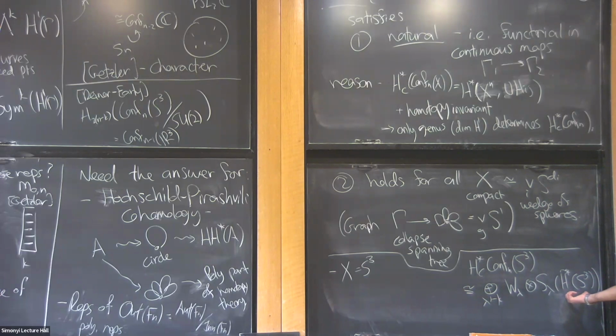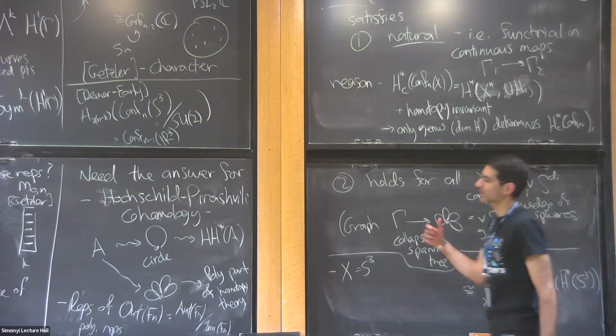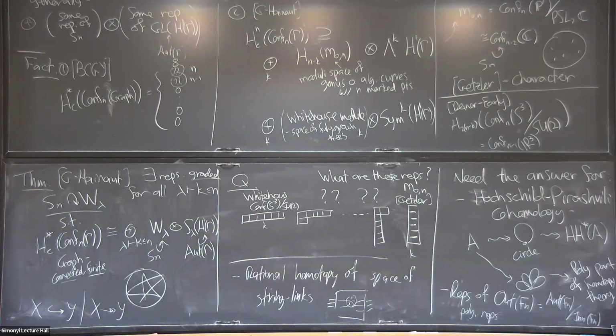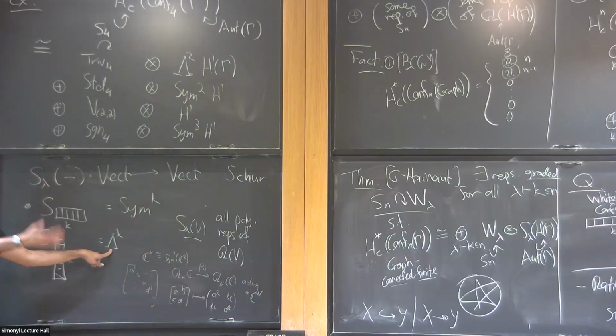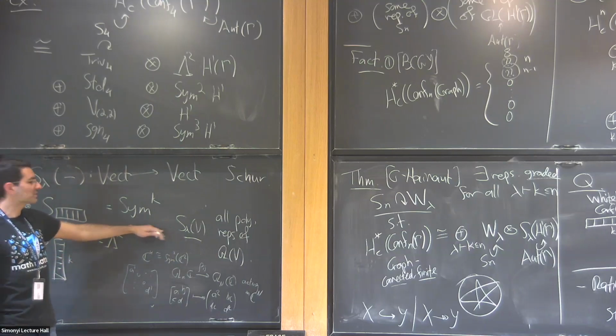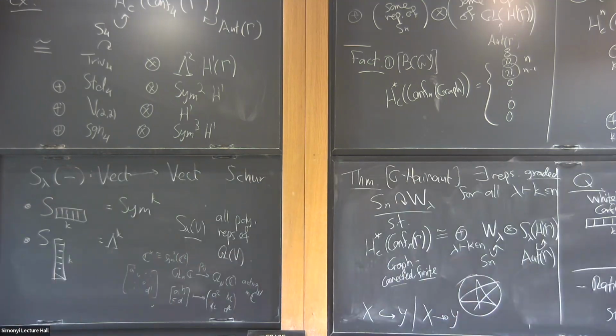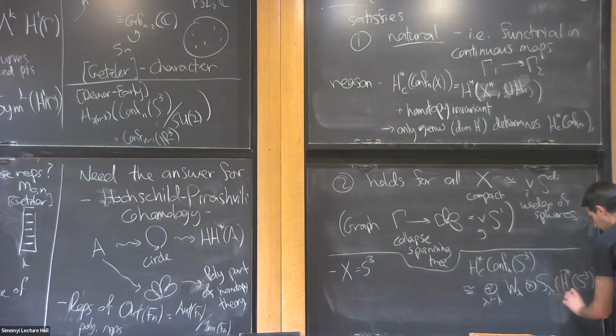But this is one-dimensional. And if you think for a second, the wedge power of a one-dimensional space is going to be 0. And in the same way, the Schur functor of a one-dimensional space would be 0 unless it's the symmetric power. So only the Sym part survives. So this is 0 unless it's Sym k, in which case it's one-dimensional.